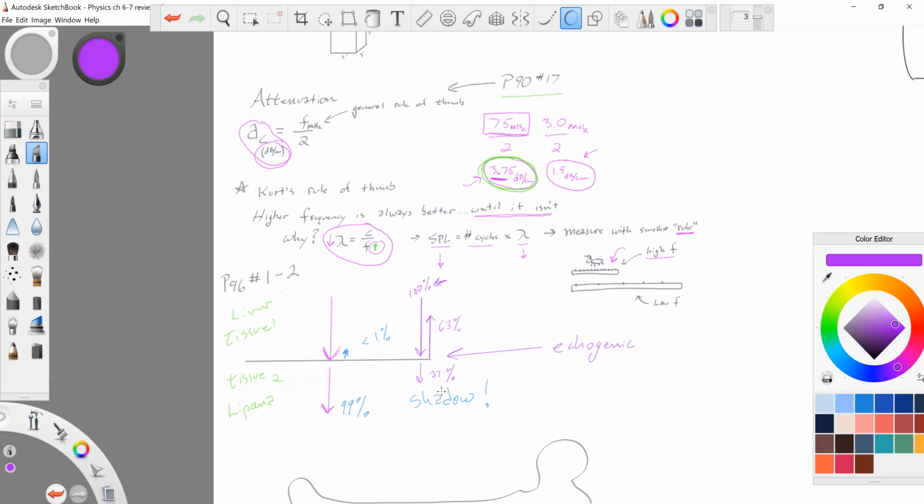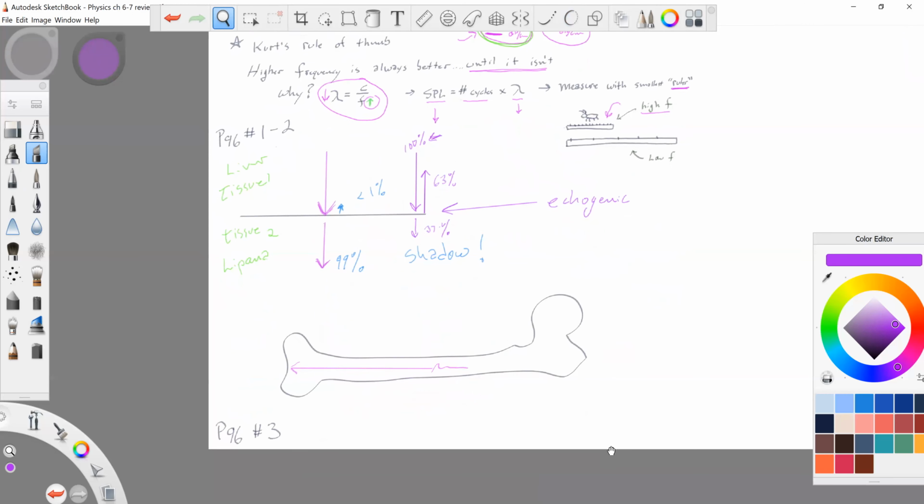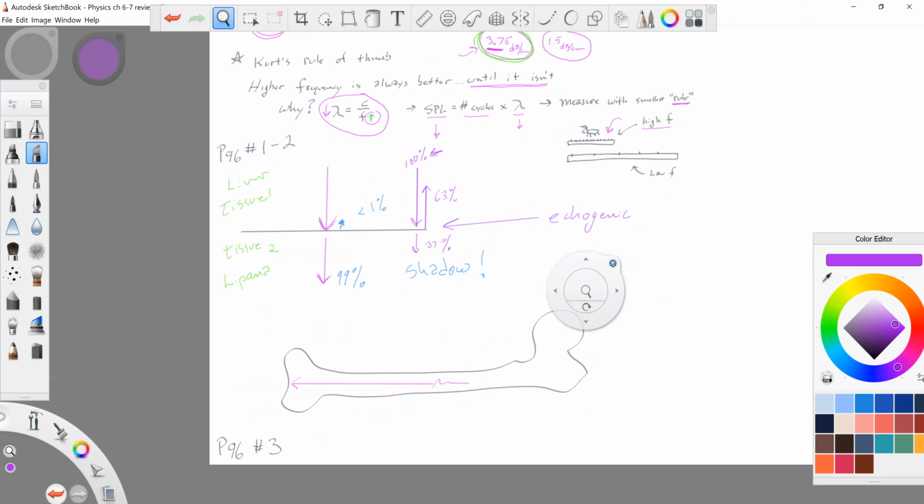Okay, I have a little picture of a bone down here. That must be number 3. This is something I just want to reiterate. Even though sound reflects off of bone, it is more than happy to travel through bone.